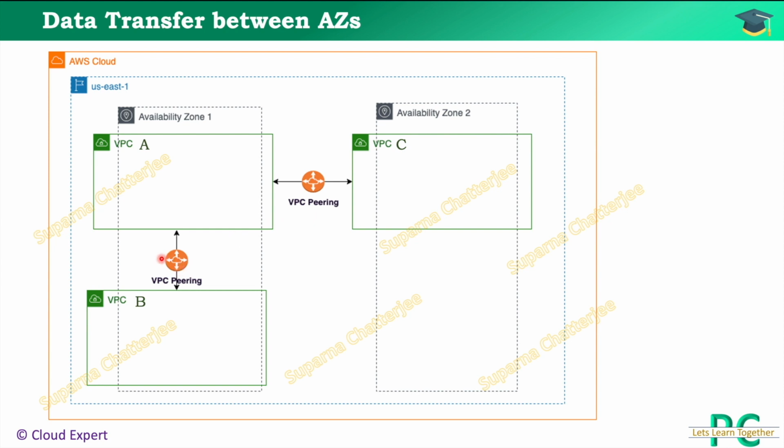And we have created a VPC peering connection between VPC-A and VPC-B and between VPC-A and VPC-C. Now let's understand what the data transfer charges will be when you communicate between different services in these VPCs. For any traffic between VPC-A and VPC-B, there will be no data transfer charge because both VPC-A and VPC-B are in the same availability zone.